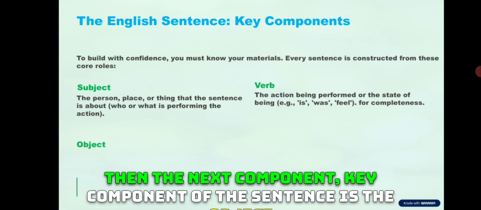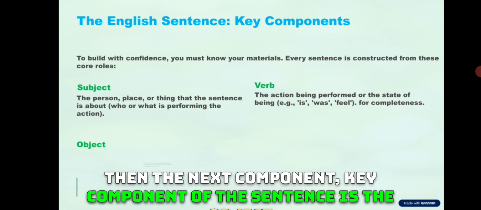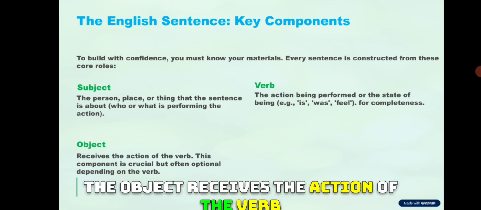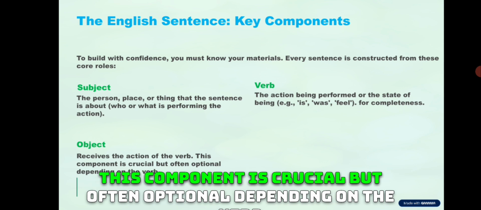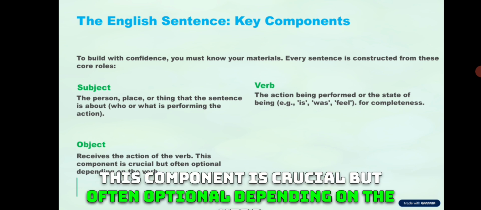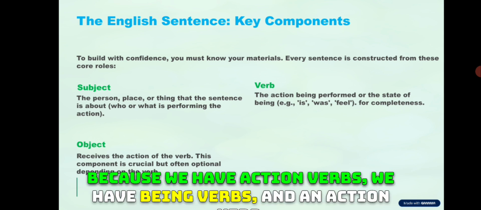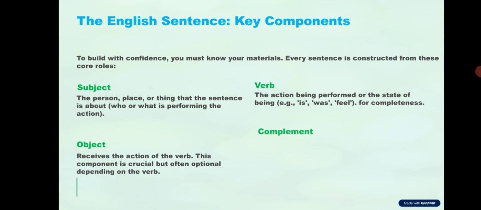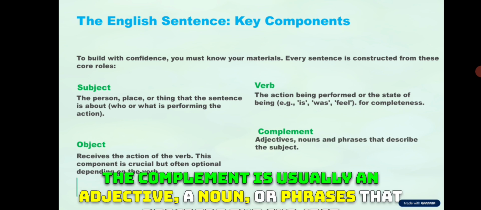Then the next key component of the sentence is the object. The object receives the action of the verb. This component is crucial but often optional depending on the verb, because we have action verbs, we have being verbs, and an action verb most of the time requires an object. Then we have the complement. The complement is usually an adjective or a noun or phrases that describe the subject.